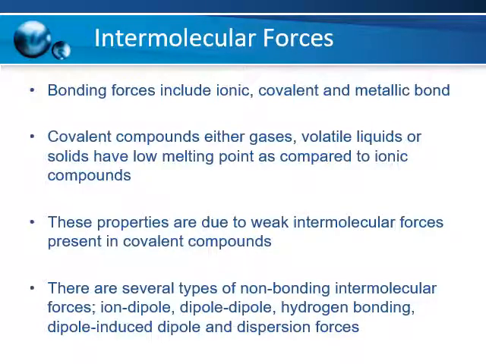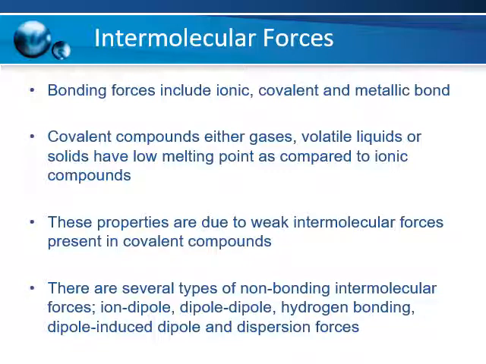So next is intermolecular forces. Bonding forces include ionic, covalent or metallic bonds. Covalent compounds, either gas, volatile liquid or solid, have low melting points compared to ionic. This property is due to weak intermolecular forces between the covalent compounds.